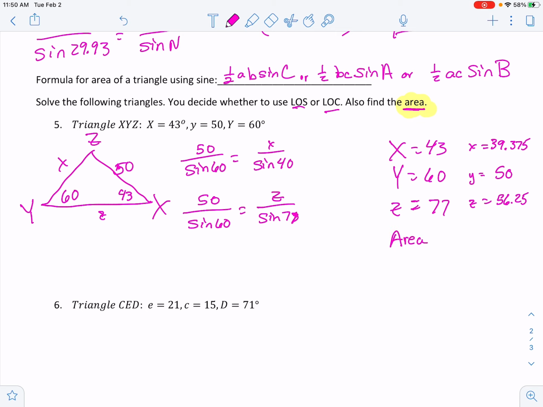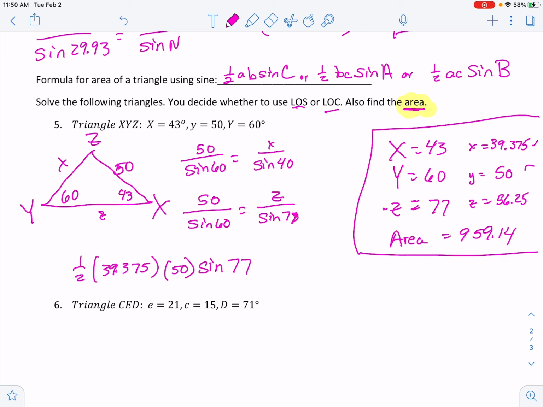Now they wanted me to find the area. Well, it doesn't matter, you just have to use two sides and an angle. So let's do this side and this angle. 1/2 times 39.375 times 50 times the sine of 77. And I got 959.14. Okay?